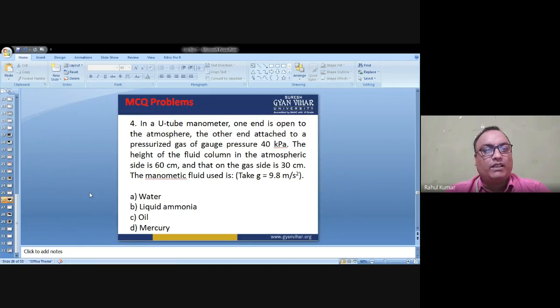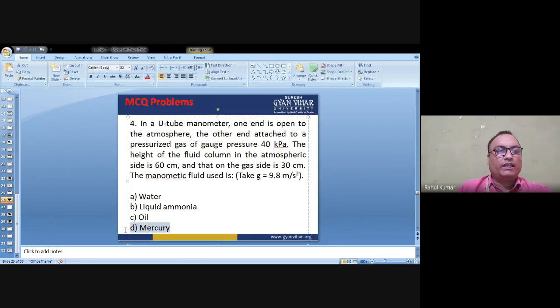Take g equal to 9.8 meter per second squared. What type of liquid is used here? Mercury. This is the right answer.